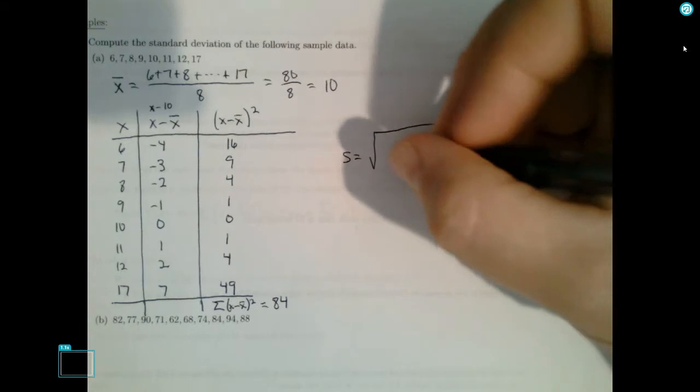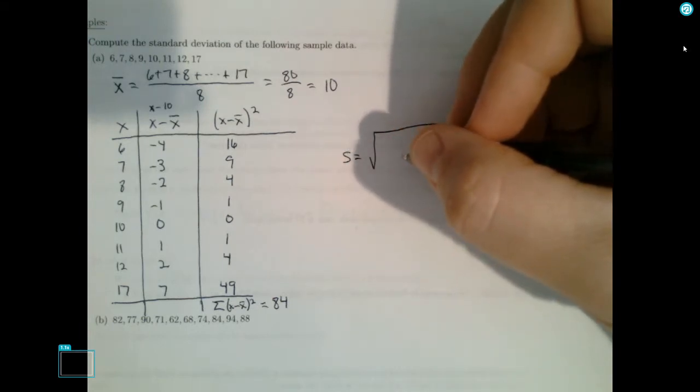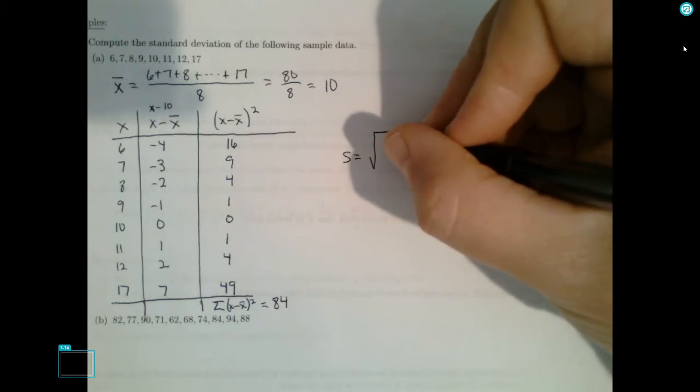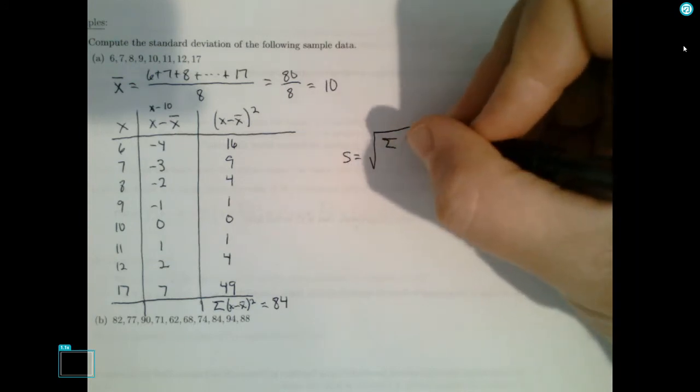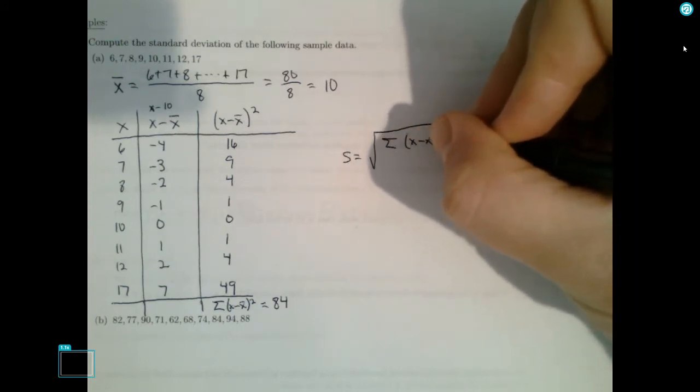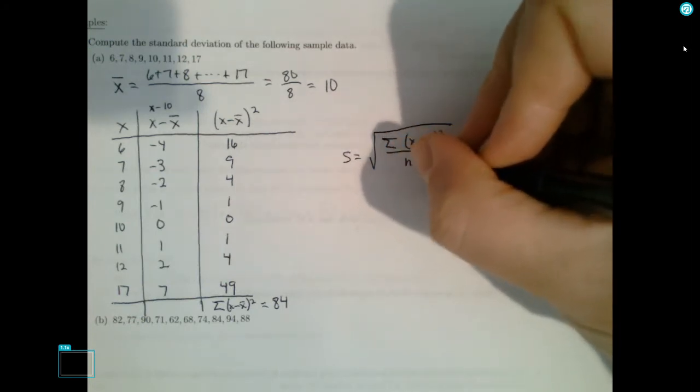So now we're going to use our formula. The standard deviation is the square root of the sum of the deviations squared divided by n minus 1.